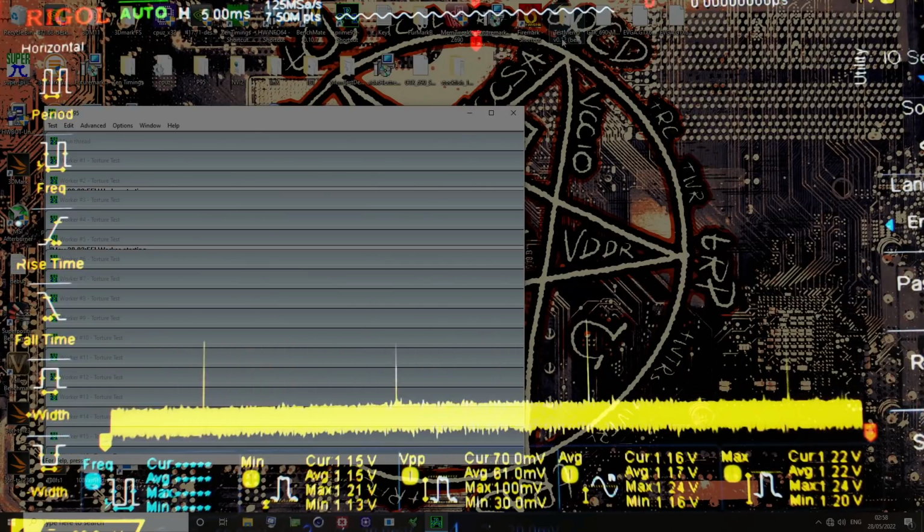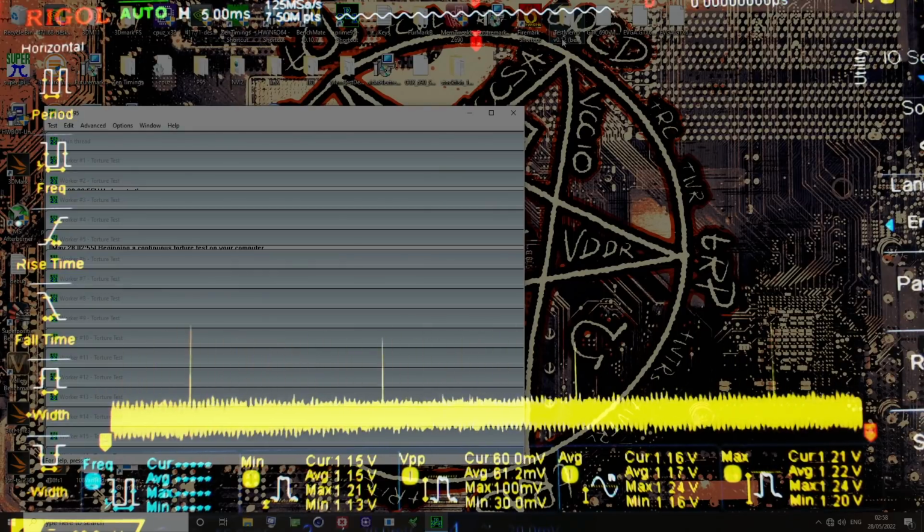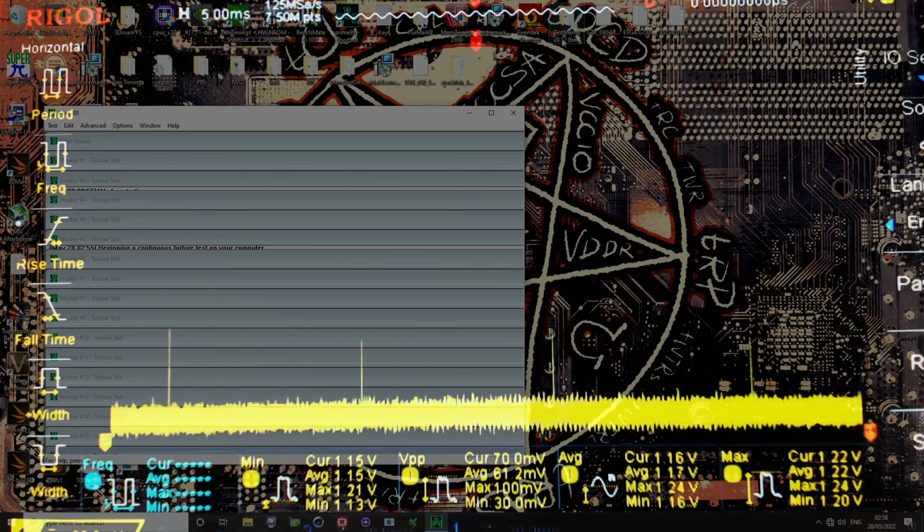I don't think you should do that. Admittedly, I'm not a qualified electronics engineer, but Asus doesn't do that. I'm pretty sure Gigabyte doesn't do that. ASRock might, but I don't know what ASRock's doing.